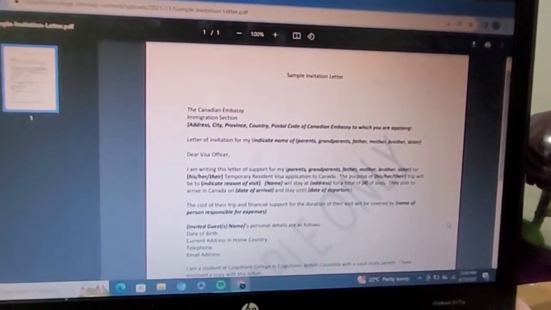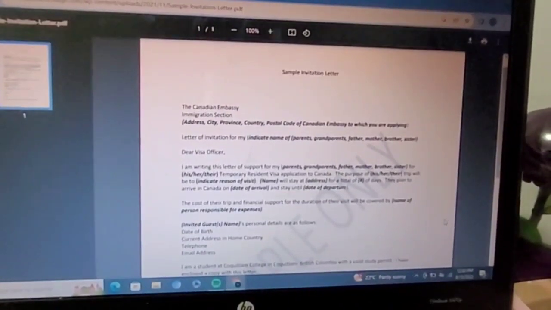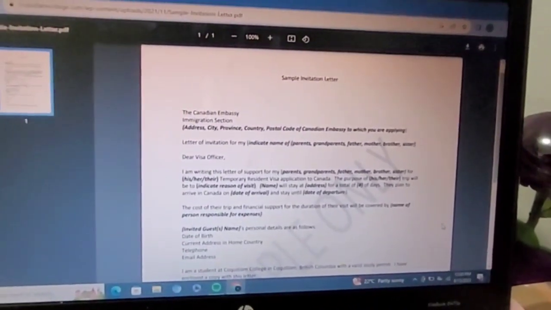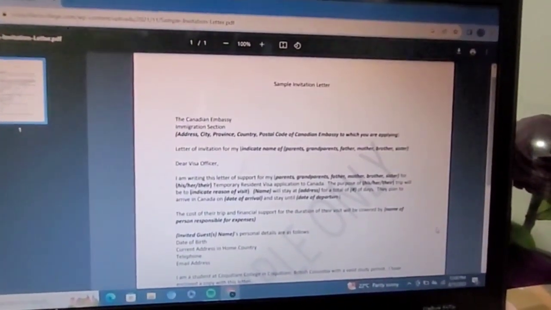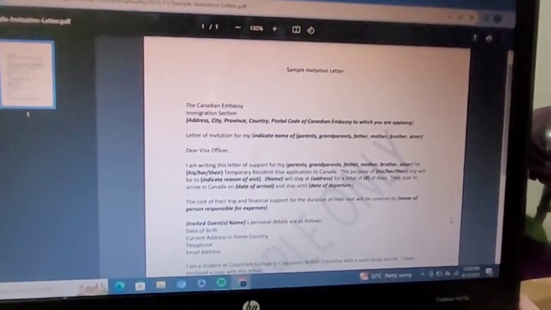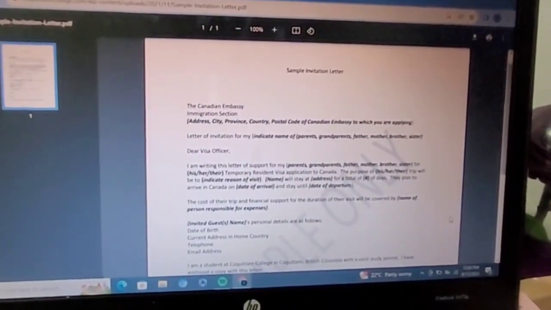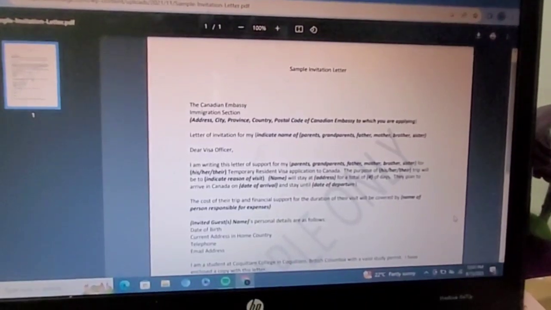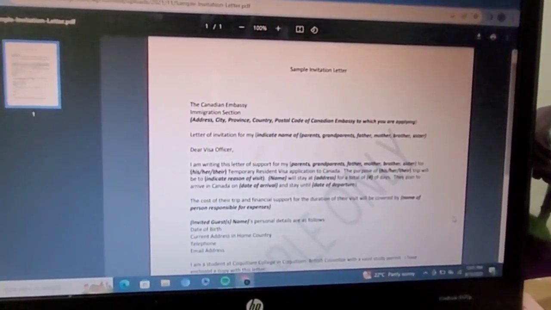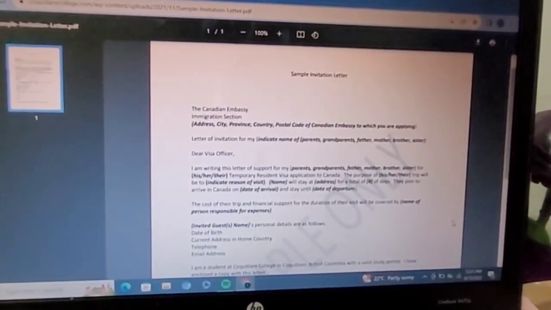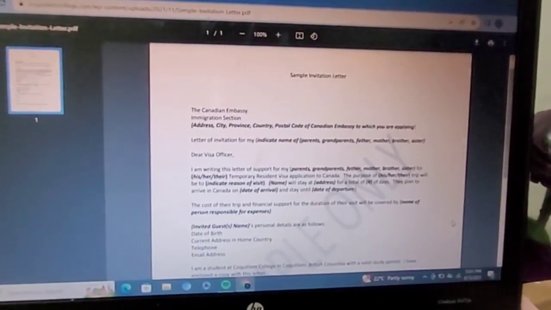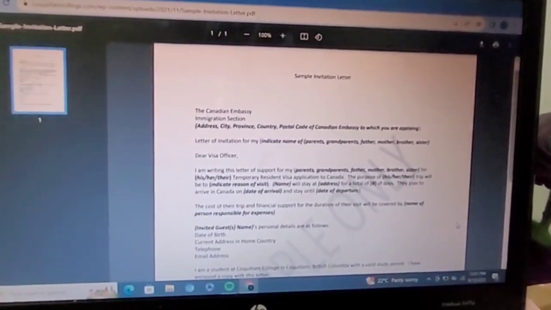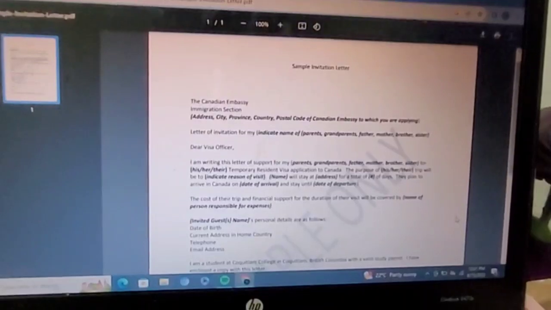Then you address the officer. Because we do not know the officer's name, we say Dear Visa Officer. This is just an example, so you can word it in your own way, as long as you have the required information in the letter.